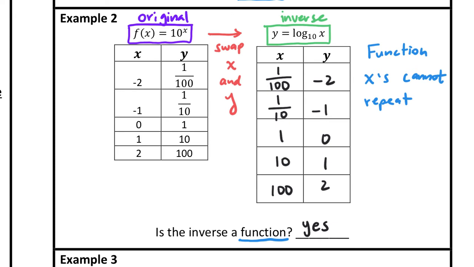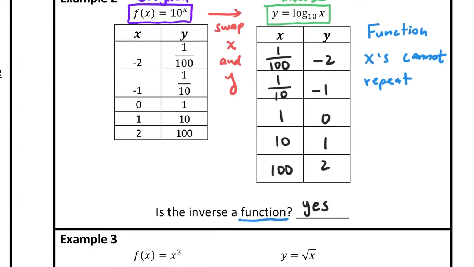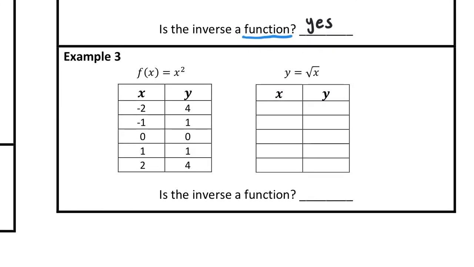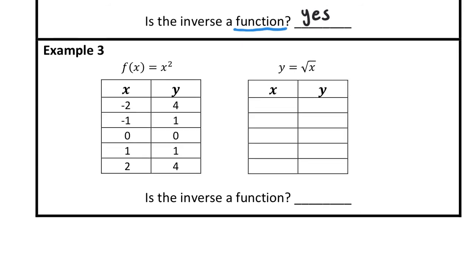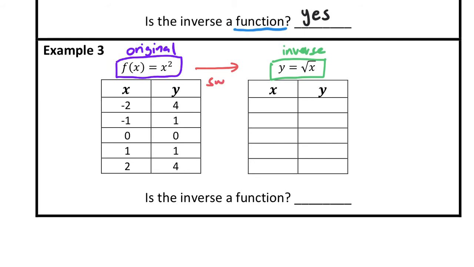Okay. Now let's look at one more table. Again, the same idea: if I have the original, then this is the inverse. In order to find the values for the inverse, we need to swap the x and the y.